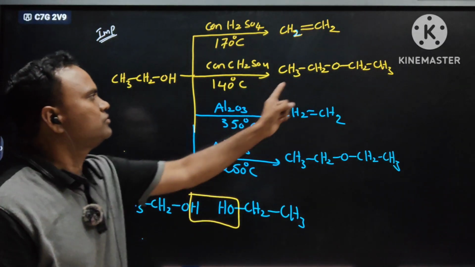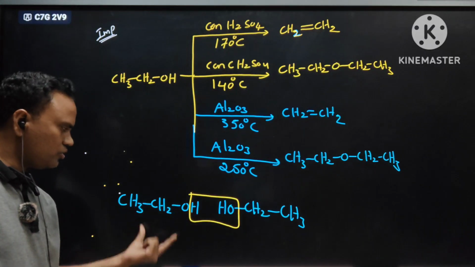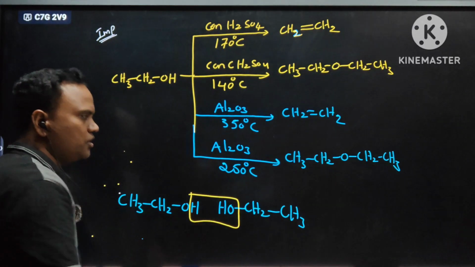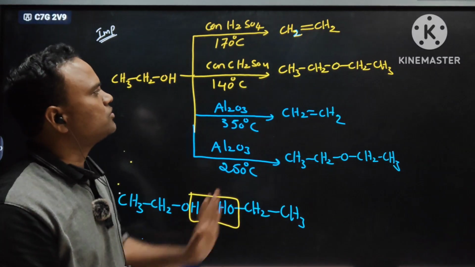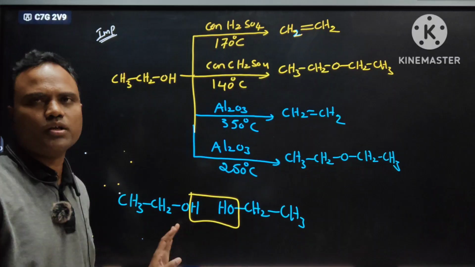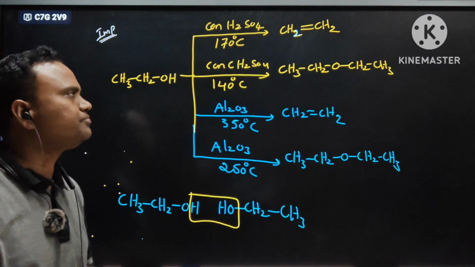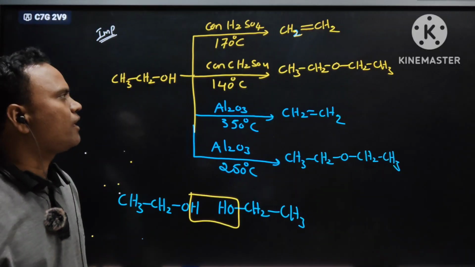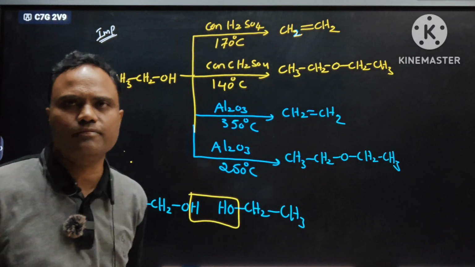Join these two, so one oxygen is present in the middle: CH3CH2OCH2CH3. It's just to write the product. Clear? This is not the original mechanism, this is a shortcut. The actual mechanism is a substitution mechanism; the product forms by substitution.